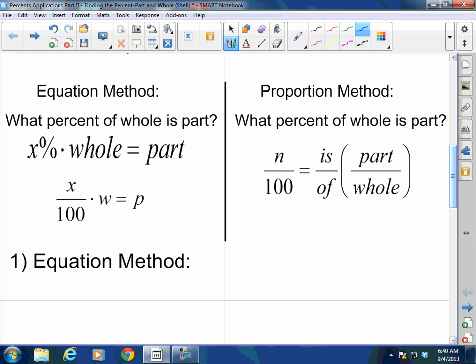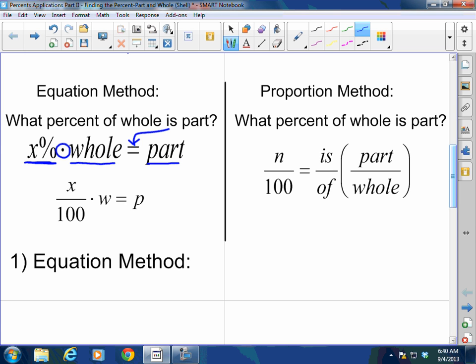In the equation method, it's pretty simple. You're literally just going to replace words with algebraic symbols and operation symbols. So what percent of a whole is a part? Well, what percent, x percent, times, of a whole, is means equals, a part.